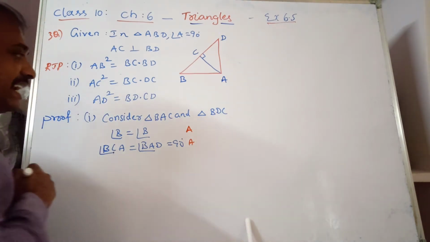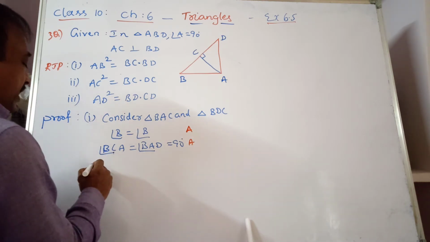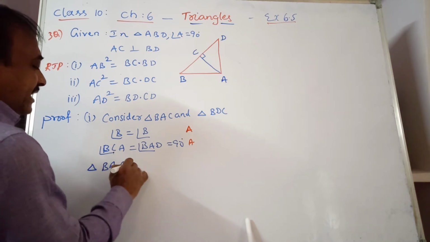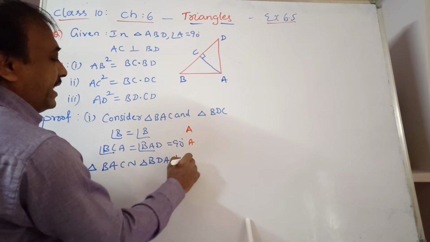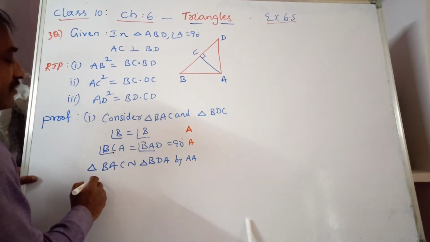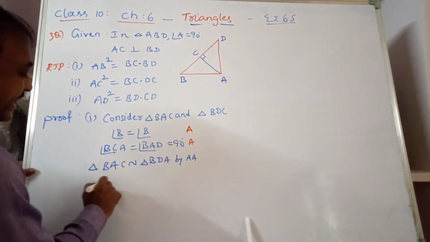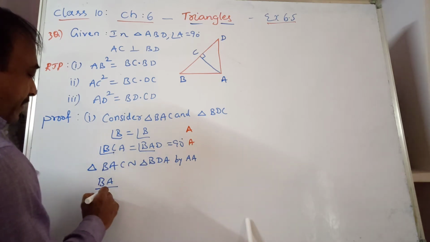So in similar triangles, their corresponding sides are in proportion. So triangle BAC is similar to triangle BDA by AA similarity. Once they are similar, their corresponding sides will be in proportion.